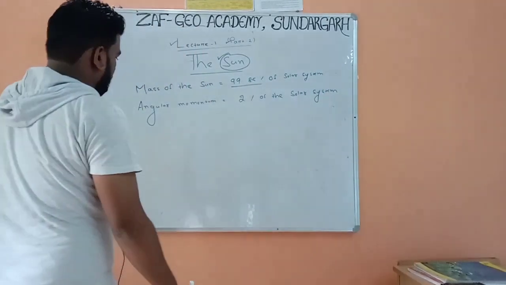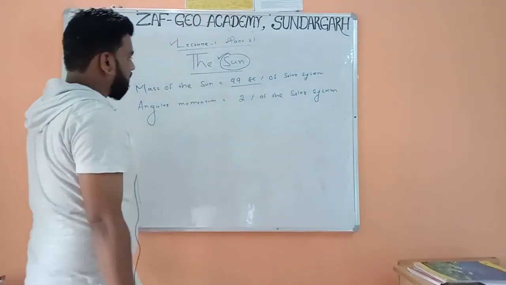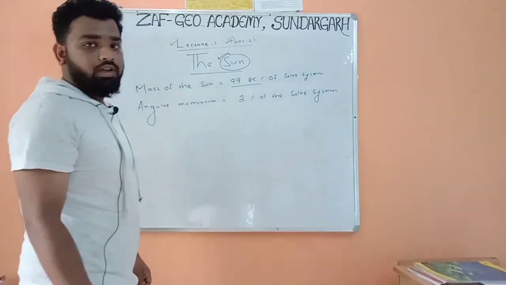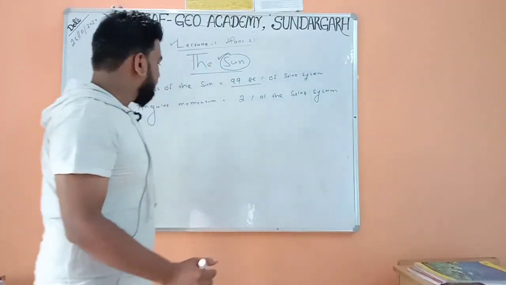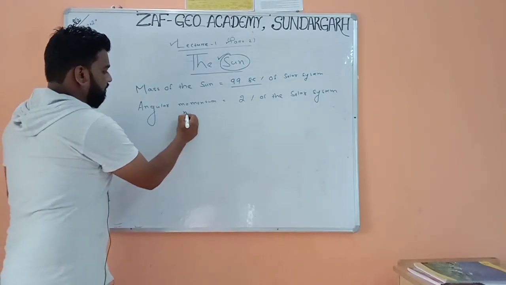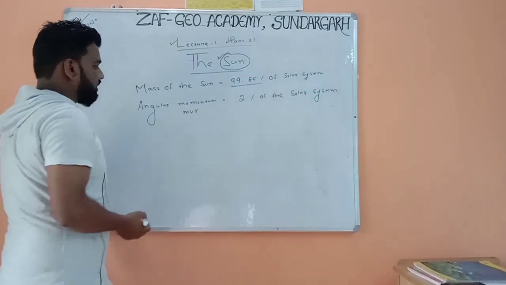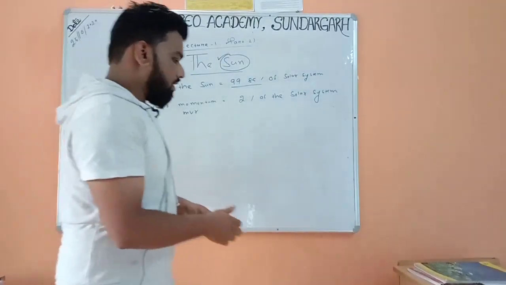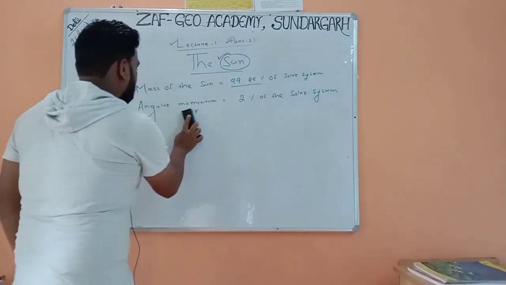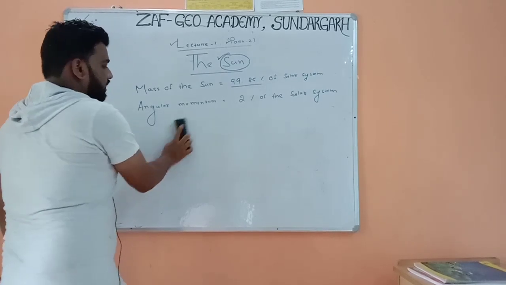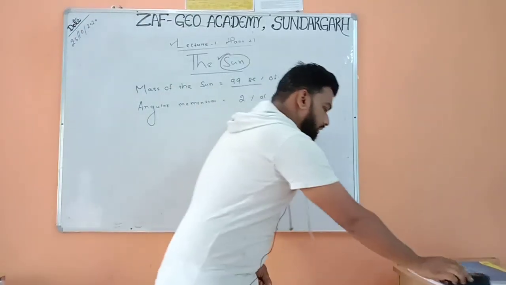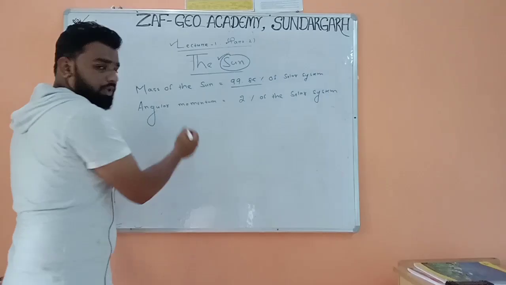The formula of angular momentum you have read in class 11 or 12. This is mvr, the angular momentum: mass, velocity, radius, all those things. I am not going into detail. When the numerical comes, I will tell you angular momentum in detail.